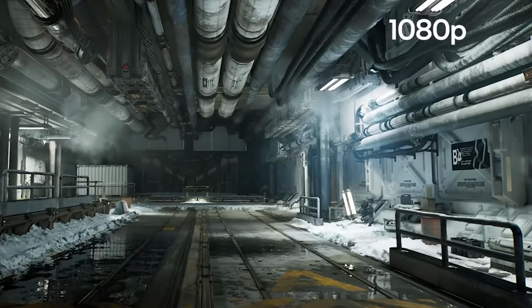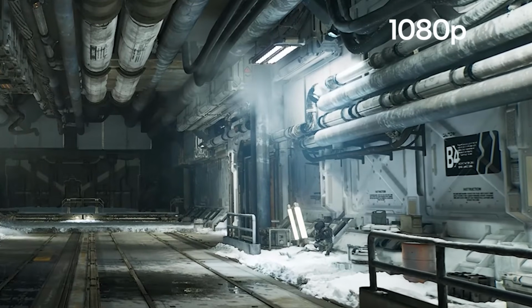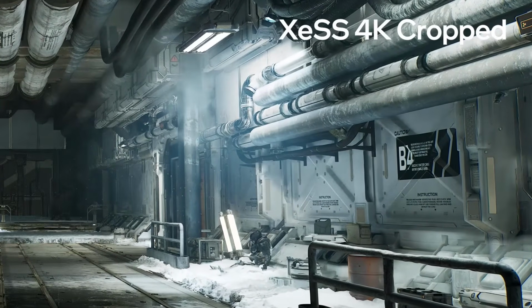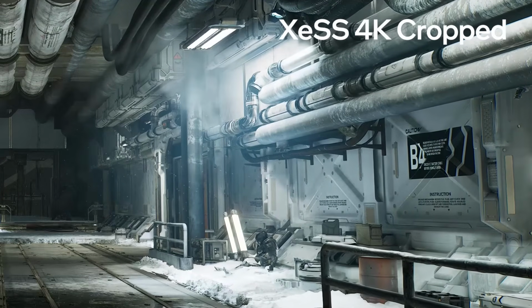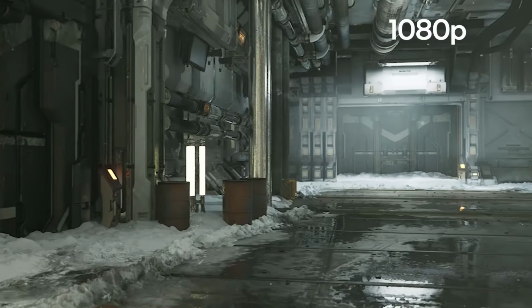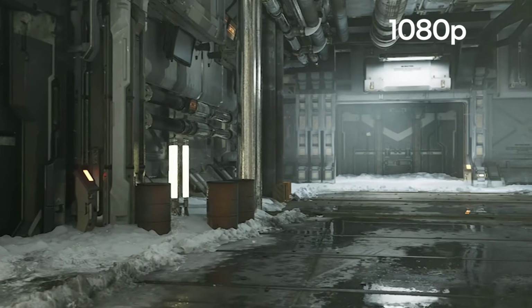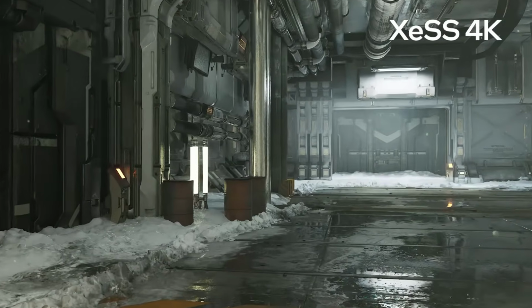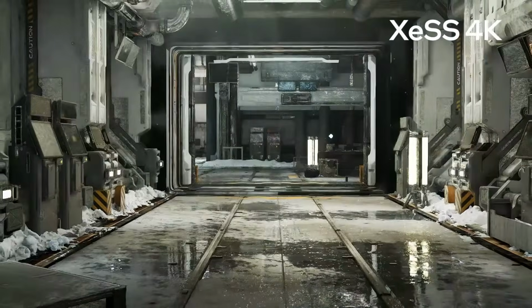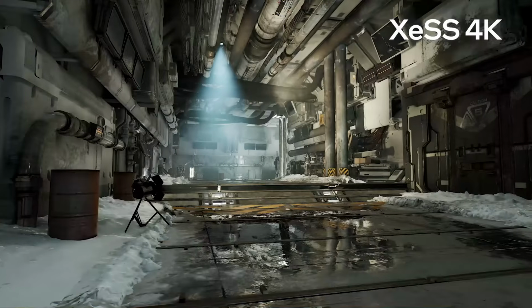As part of the art style, the demo makes use of a lot of horizontal and vertical lines. These were created using pipes, railings, metal panels, and concrete surfaces, giving it an industrial feeling. These patterns are sensitive to anti-aliasing, but XeSS handles this well, since it's not only an upscaling solution, but the AI also performs anti-aliasing in the same pass.